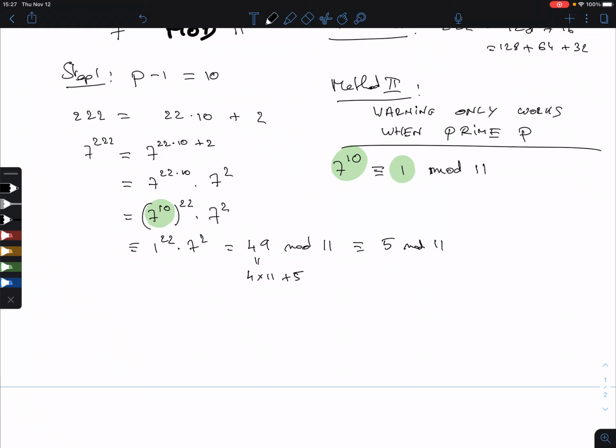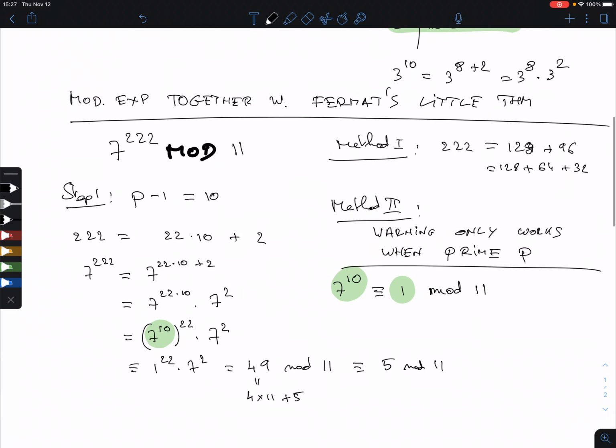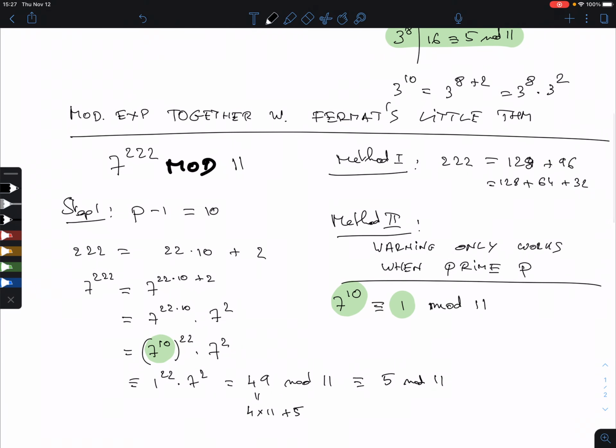See how quickly I arrived at the answer? If I would do method 1, I would have to go up to the power 128. Keep squaring, squaring, squaring, so basically 7 times I have to square, and then put it together.